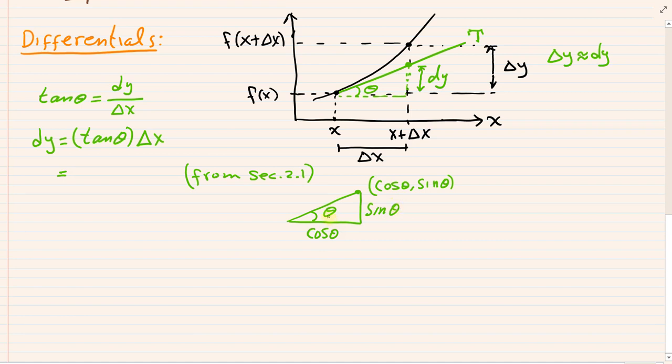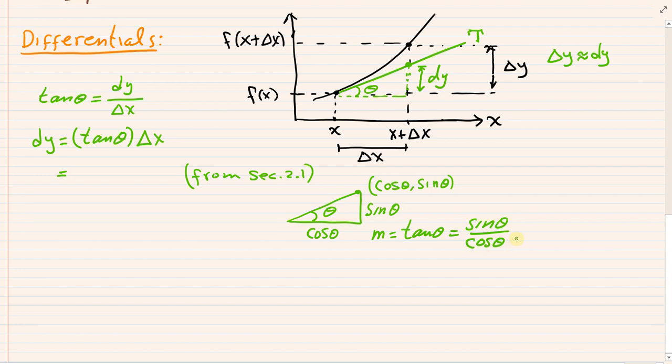Slope of a line is rise over run, sine over cosine. That's how you get slope, which is equal to tangent theta, because it is the ratio of opposite to adjacent, rise over run of the triangle.